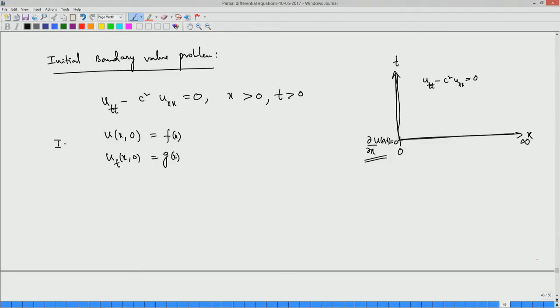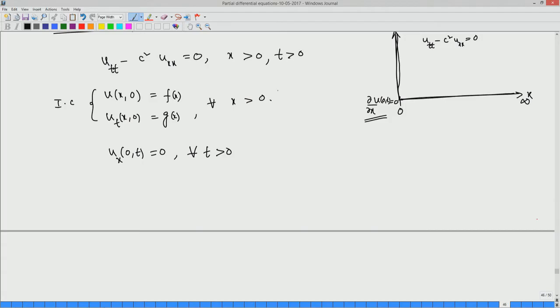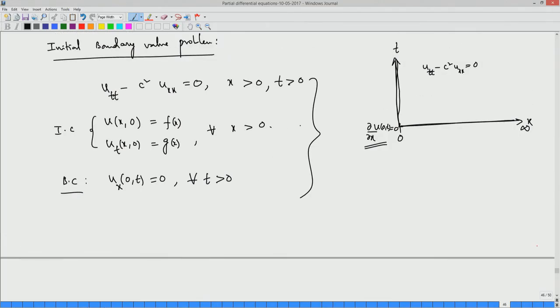These are your initial conditions, and the boundary data is u x at 0 t equal to 0 for every t, and for every x positive, that is what is given. Such a boundary value problem we can solve again by making use of D'Alembert's solution. If you want to use D'Alembert's solution, you have to extend this to the full real line.